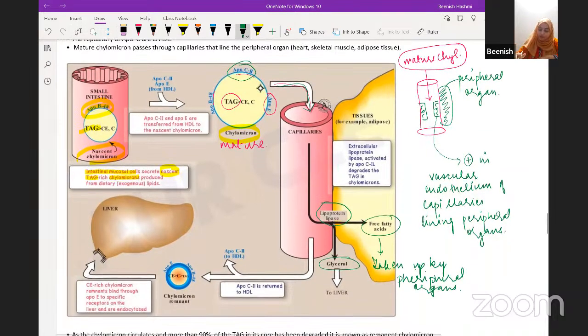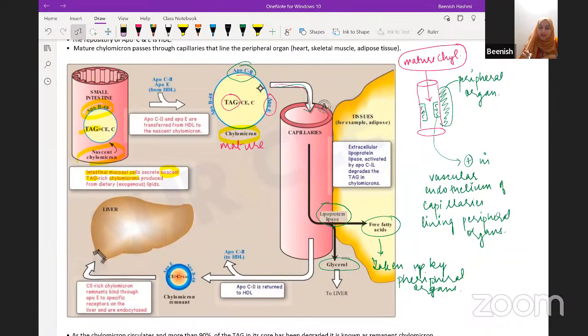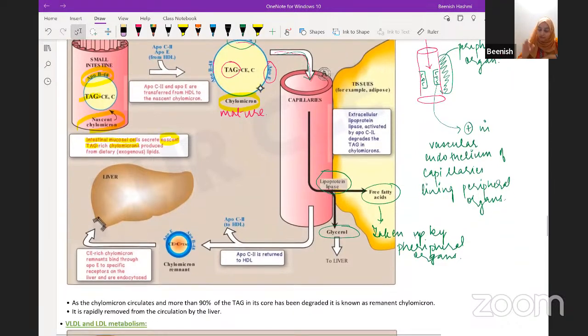Now what happens? You are left with what remains after 90% of the TAG has been hydrolyzed. Whatever structure is left is known as remnant chylomicron, after it loses C2 to HDL and almost 90% of the TAG has been hydrolyzed.